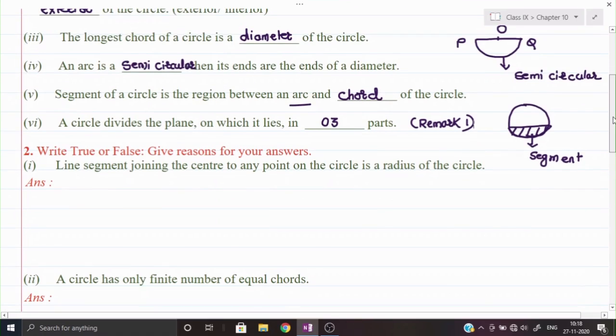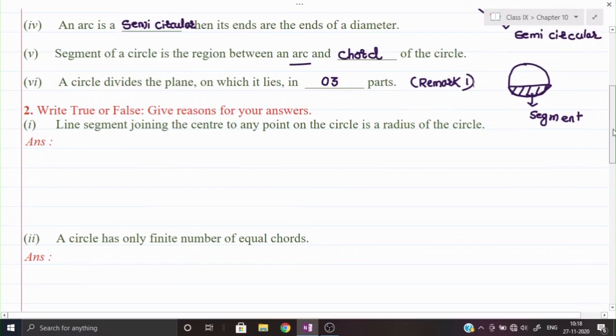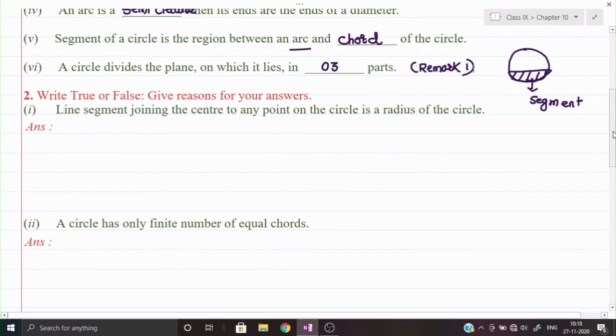Now let us see the true/false. The first true/false is given over here: a line segment joining the center to any point on the circle is a radius of the circle. On the circle means on the circumference of the circle. Is it a radius of the circle?